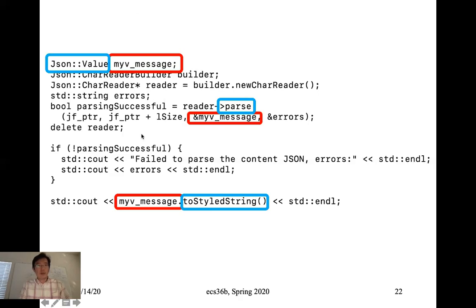Okay, so you can see that I actually declare this JSON value, my vMessage. This is just like I define an object, and this object is a JSON object called my vMessage in C++. I should say it's a C++ object of the class Json::Value. And remember I said there were two representations.